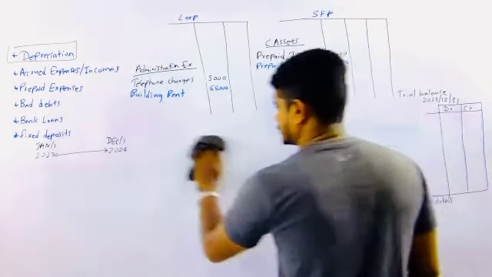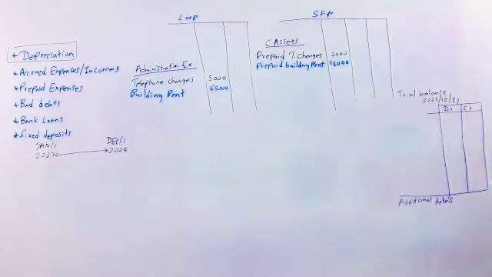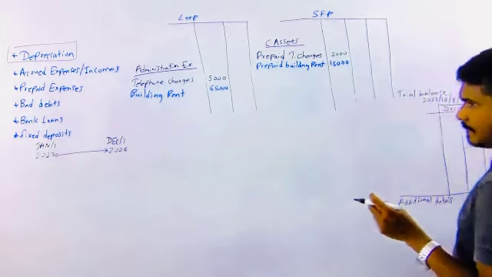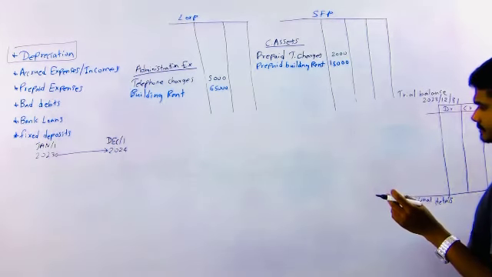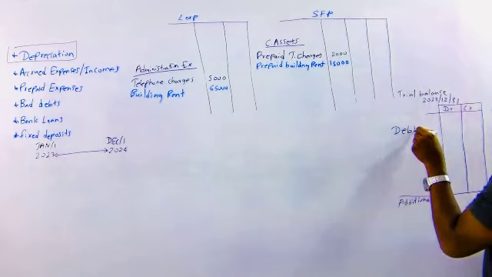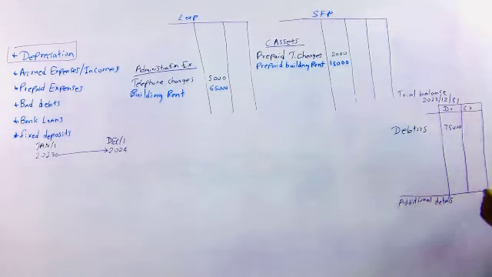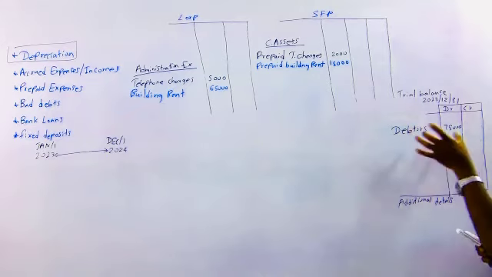Let's think like this. We have debtors, say debtors 75,000, right? So this is the total of debtors, no?